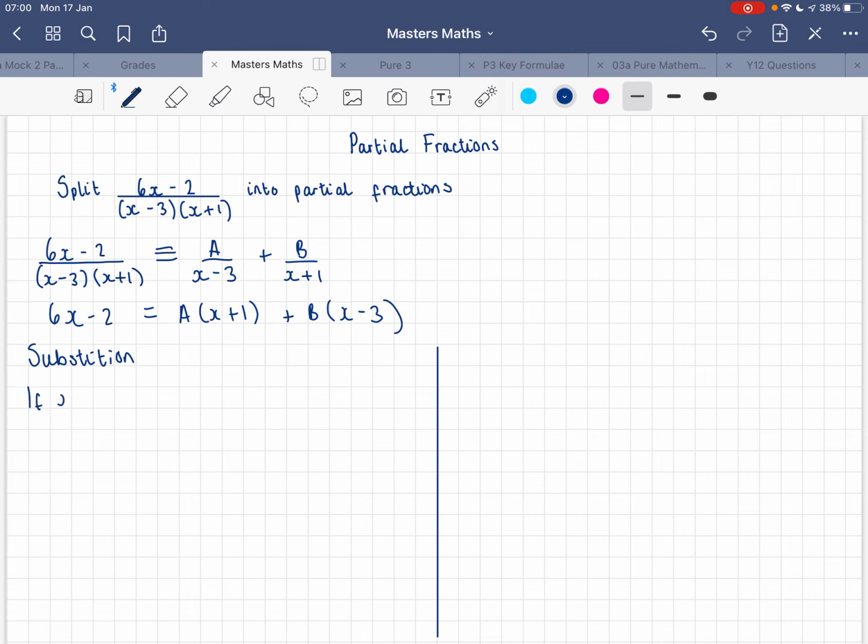So if x is 3, then I have 6 times 3 minus 2, which is 16, equal to 3 plus 1, which is 4A. And then the B's gone because 3 minus 3 is 0. So the B has cancelled out. That means that 4 is equal to A.